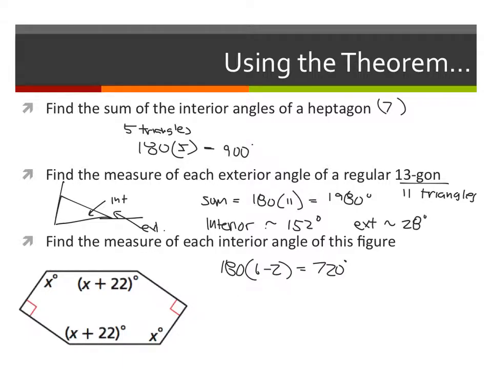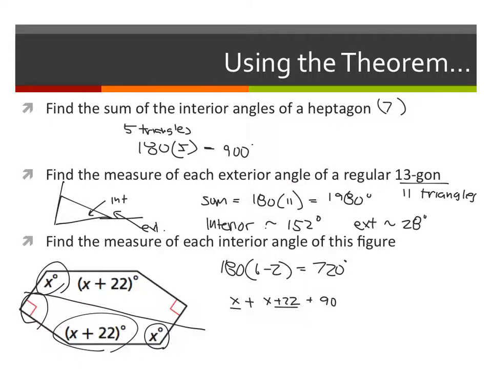Which means this x plus 22, these two angles, plus 90, plus x plus 22, and plus 90 must equal 720. But let's just work smart here. We see that they repeat, which means if you just add one set of them, it should equal 360, right?